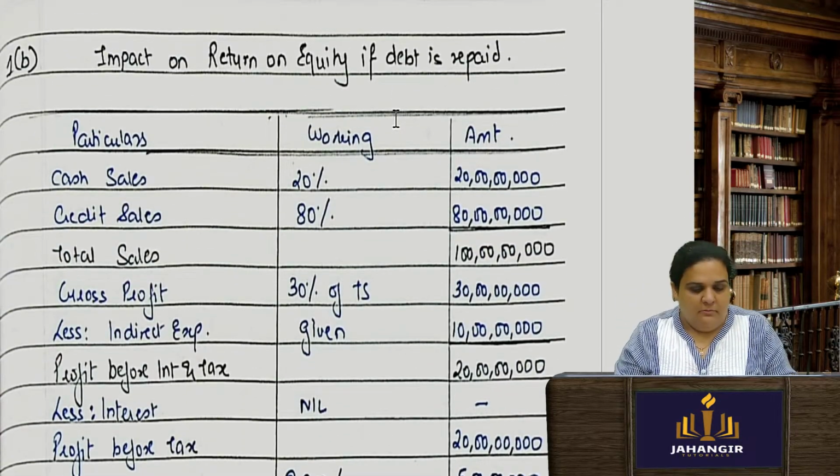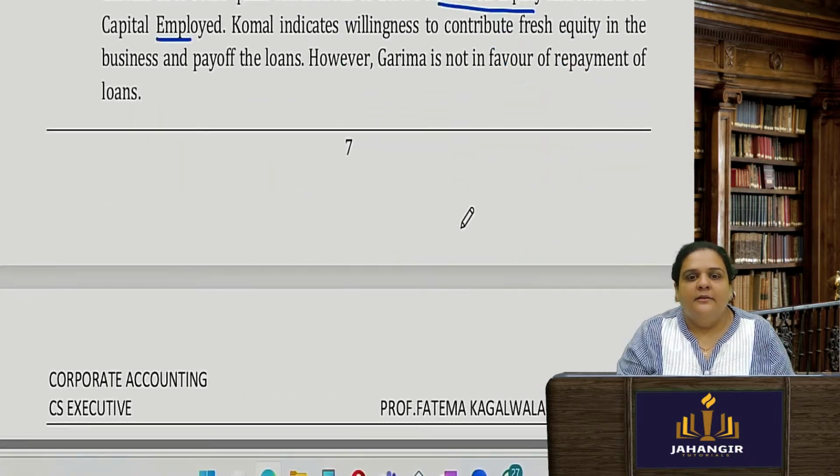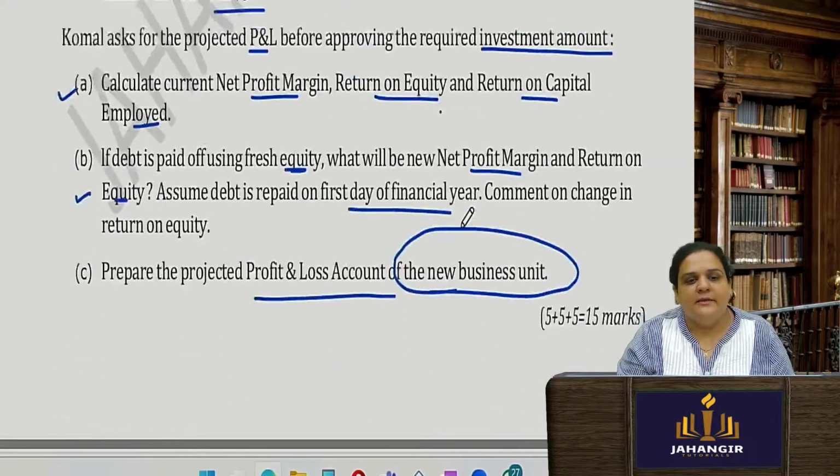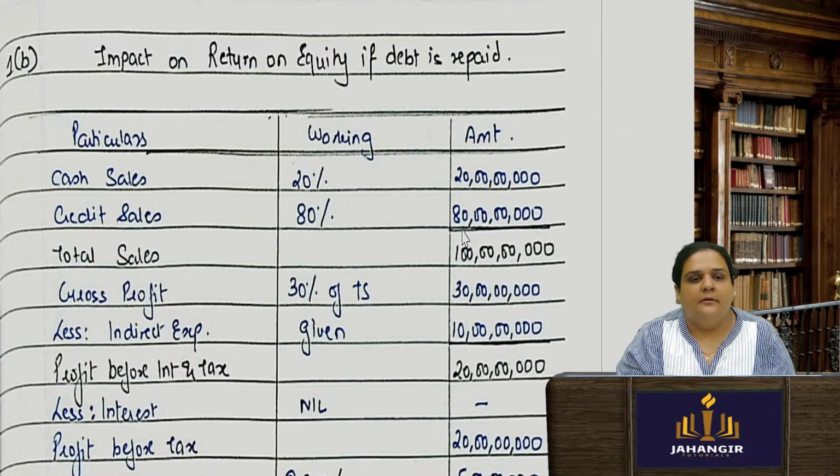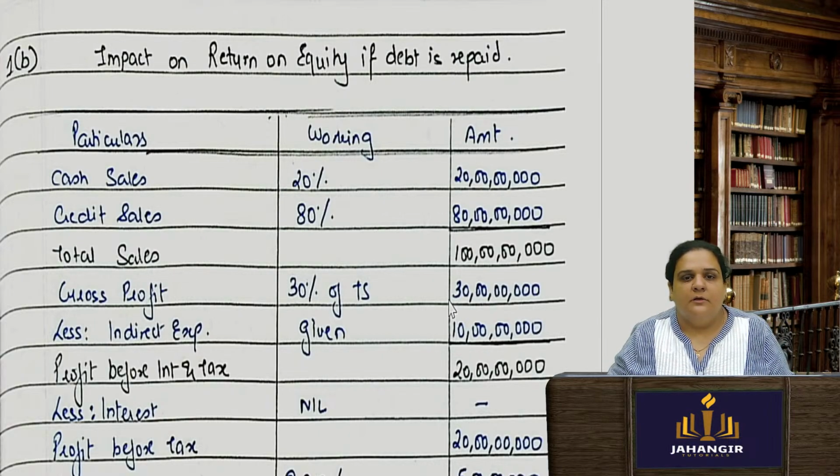Same thing. Now they are asking me, say on the first day we paid the debt. So now there is no debt. So what will be the new profit margin and return on equity? Okay. So same thing. I have made it again. See, cash sales, credit sales, total sales 100 CR.